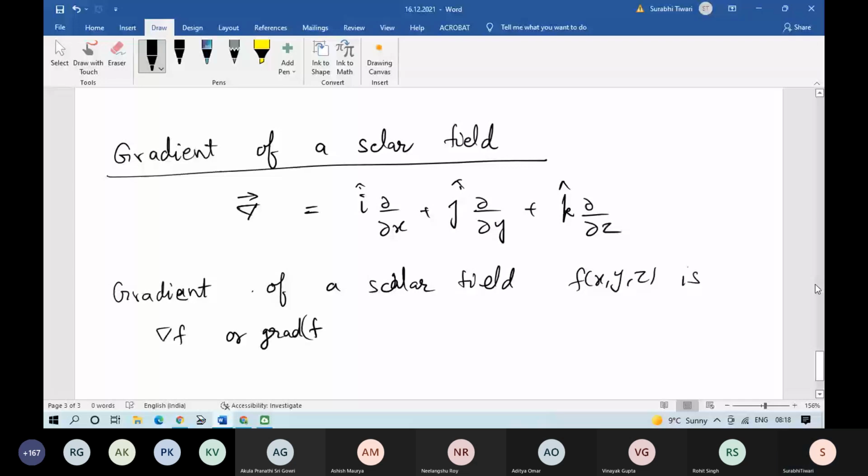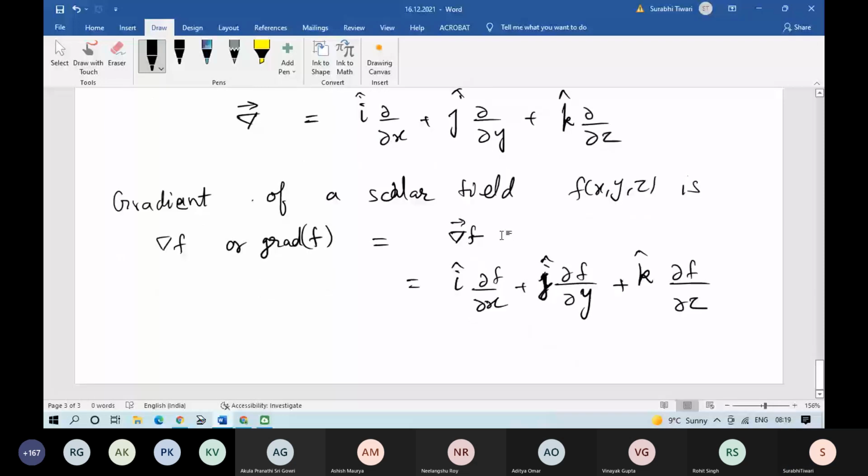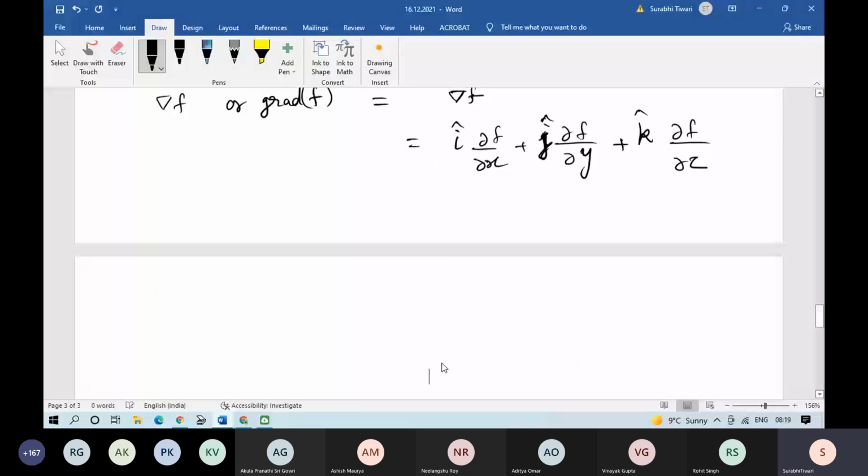We write it as this: it is equal to i ∂f/∂x + j ∂f/∂y + k ∂f/∂z. Clear? This is the definition.